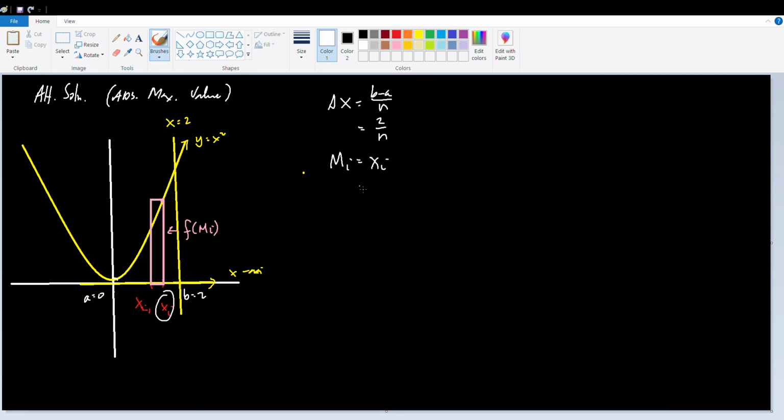So we express this, just like what we did earlier, in terms of delta x. So at x sub 0 to x sub 1, there is 1 delta x. At x sub 2, there is 2 delta x. So at x sub i, there will be i delta x. Alright?